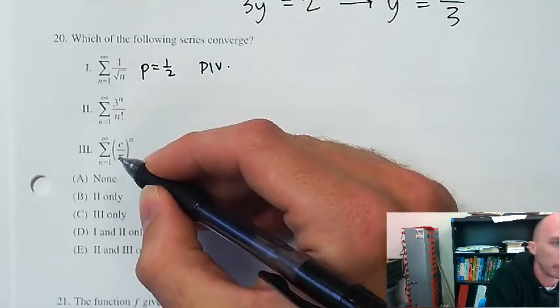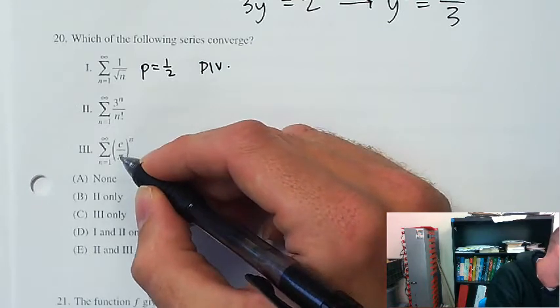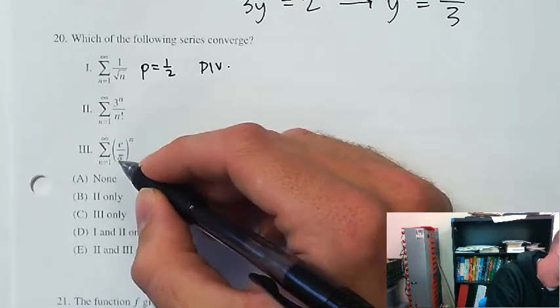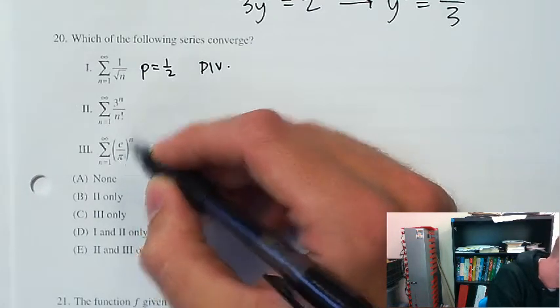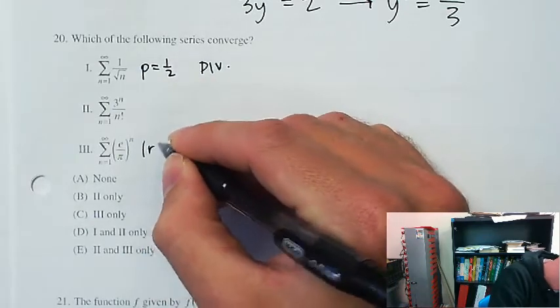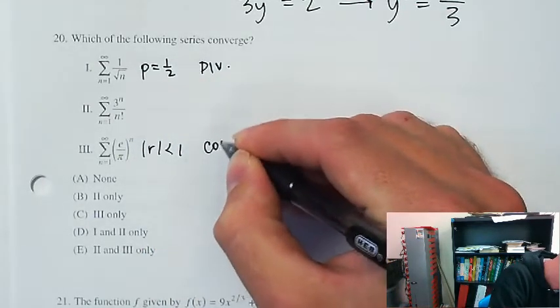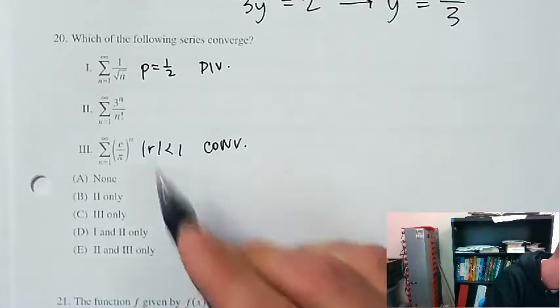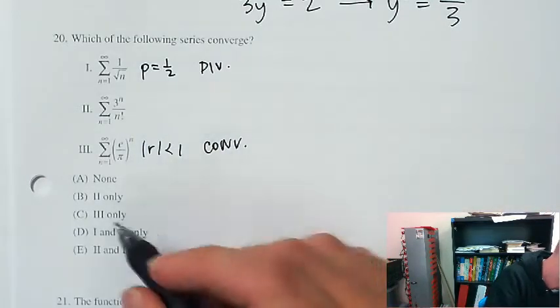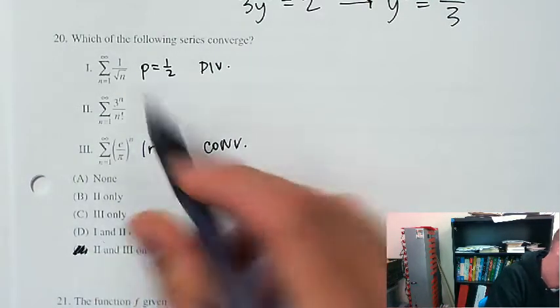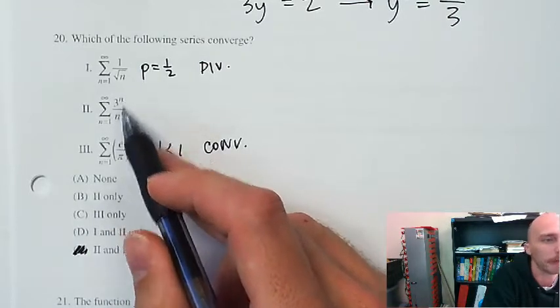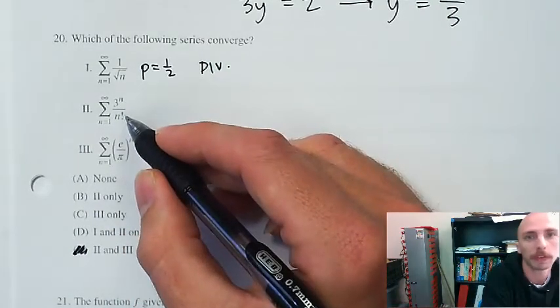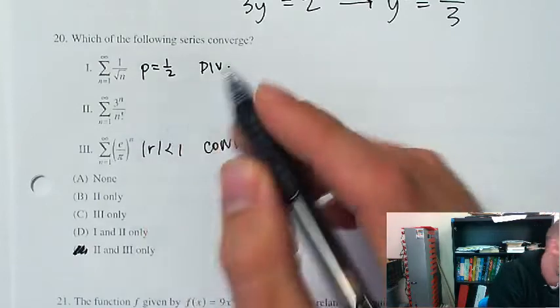This is a geometric series with a ratio that's e divided by pi. E is less than pi, so this ratio is going to be less than 1 in absolute value. So this absolute value of r less than 1, that's going to be converging. And then this one, it's going to be 2 and 3 only. But I'll convince you of this in case you're like, I don't know if I believe you. 3 to the n is growing a whole lot faster than n factorial at first.